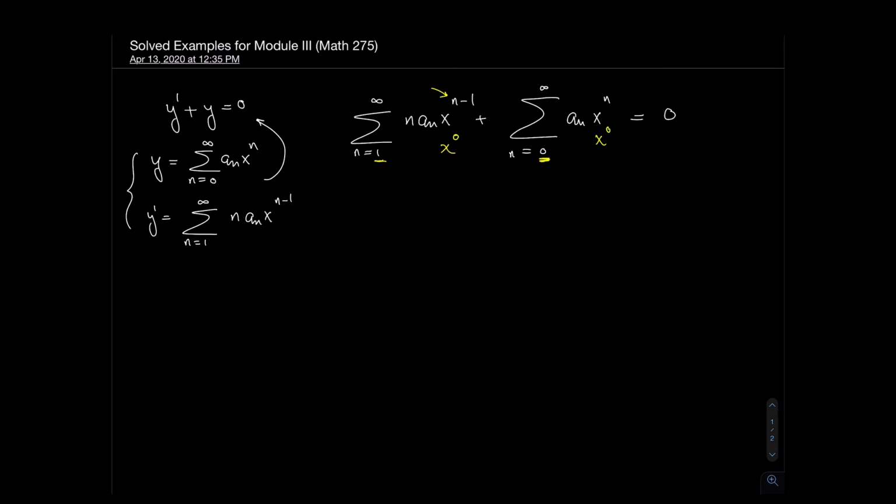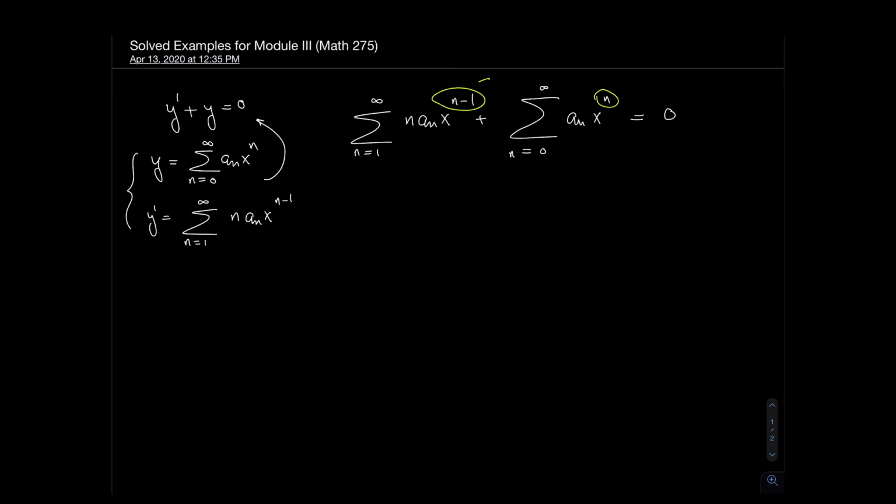So now I just have to play the game of give and take to see how I could make the indices and the power of x the same. Now this one's pretty simple. If I look at both my power series here, the first one has n minus 1 as the power of x, and this one is n.